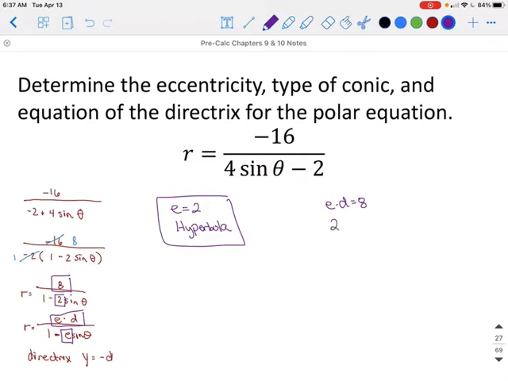We already know that our eccentricity is 2. So if we solve for d, we get 4. And we know that our directrix is going to be in the form of y equals negative d.